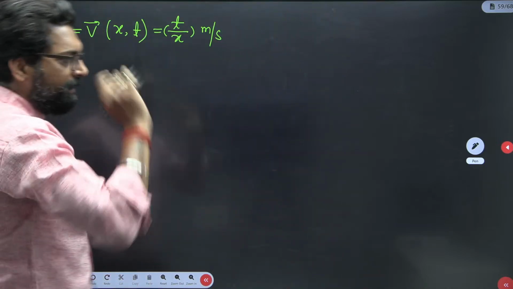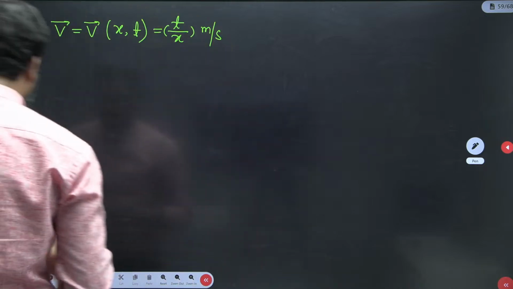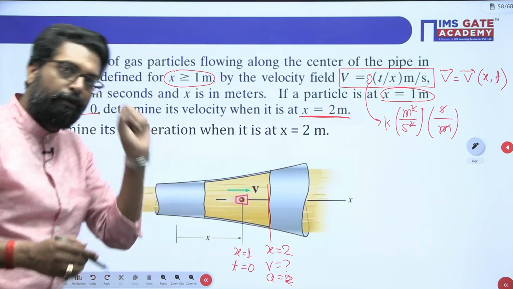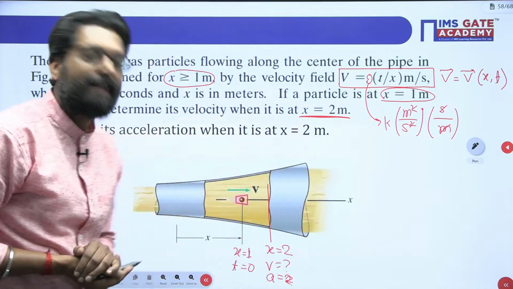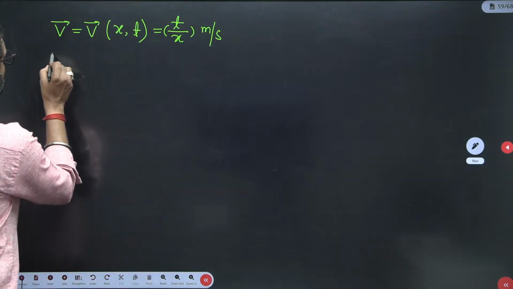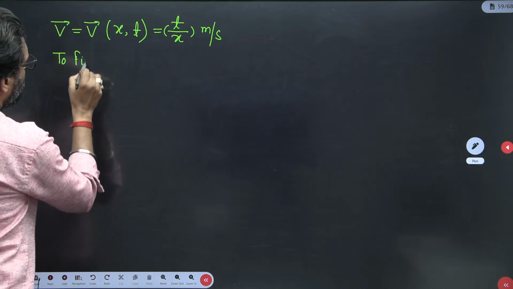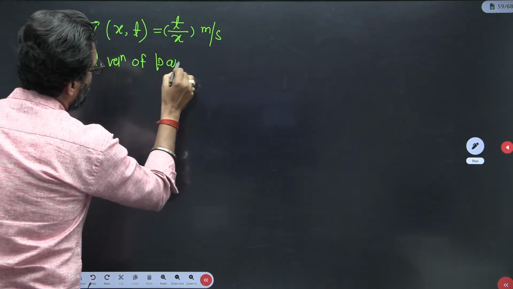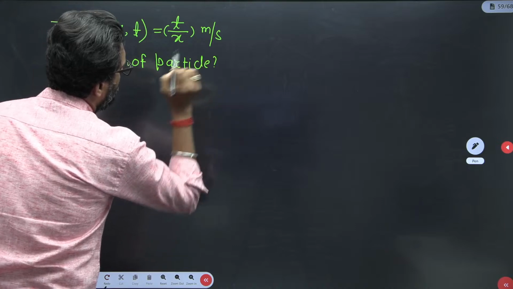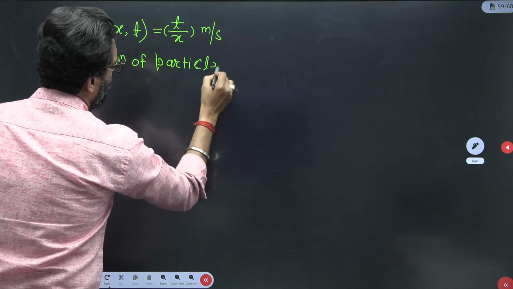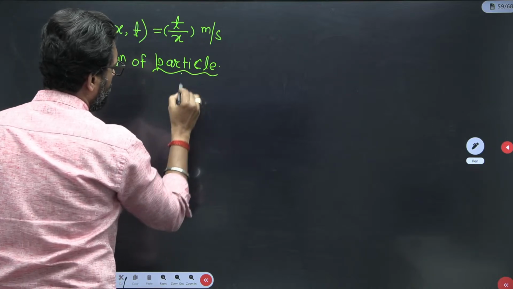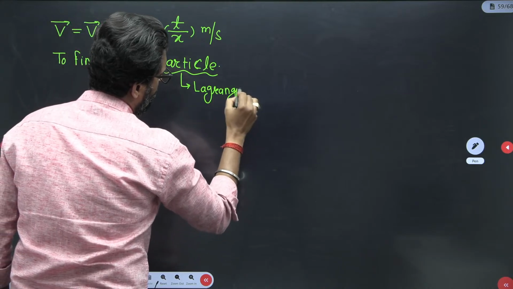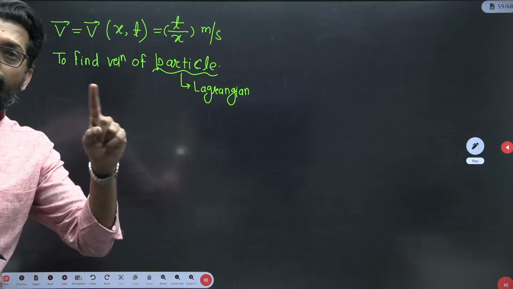Now see my dear, if you find the velocity, we have to find the velocity of a particle. Determine the velocity at x equal to 2, that means this particle's velocity. So if you find the velocity of a particle, there must be a Lagrangian approach. And how to find the Lagrangian approach of velocity?